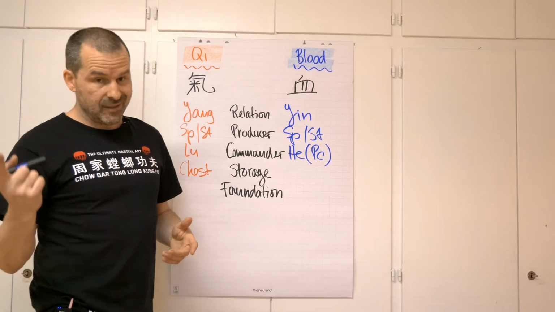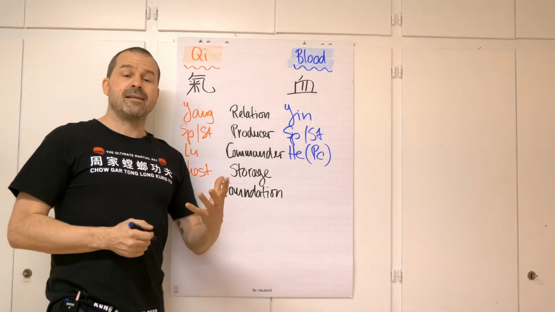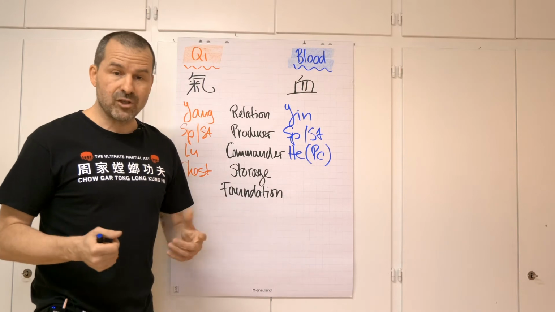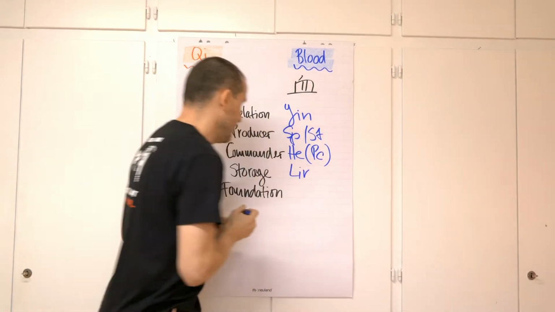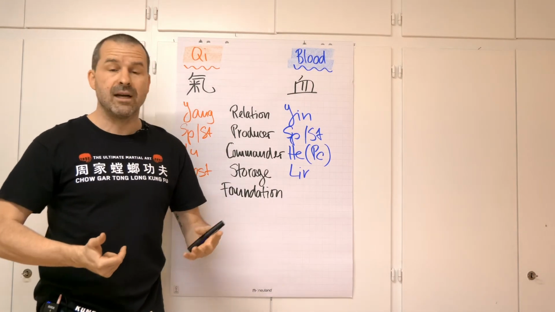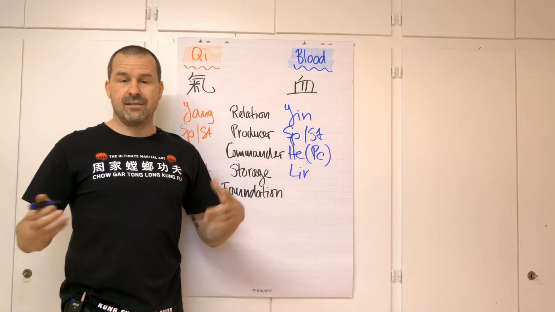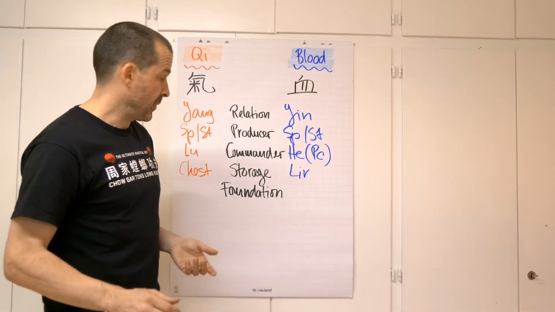It's the same idea as in Western medicine. One of the liver's multiple functions is to store the blood. So we can say the liver is the storage for the blood. But the liver, like the lung, heart, pericardium, stomach, and spleen, has many other jobs.